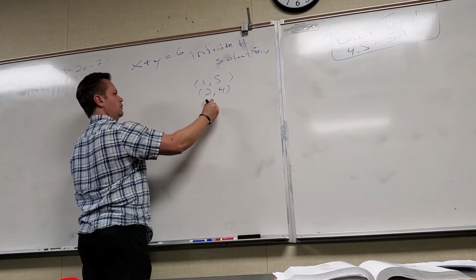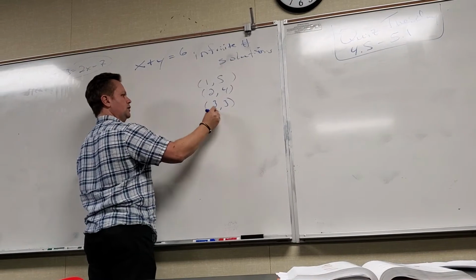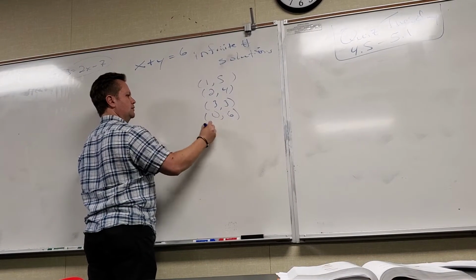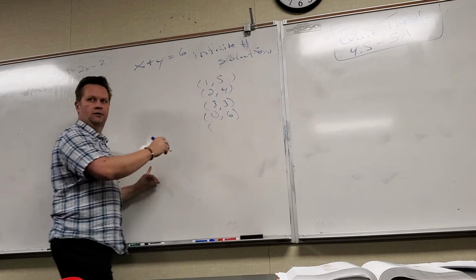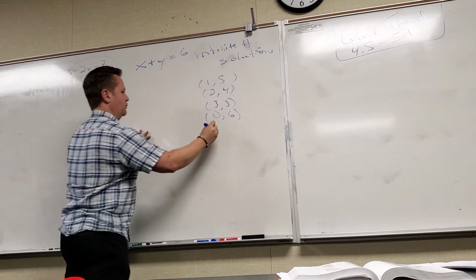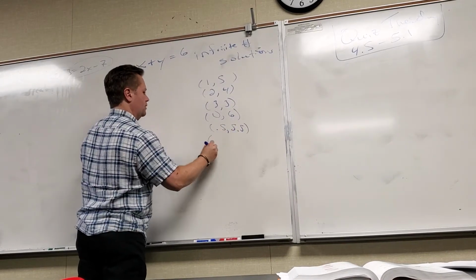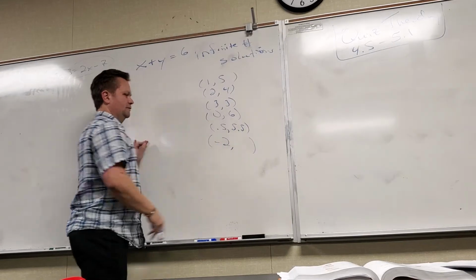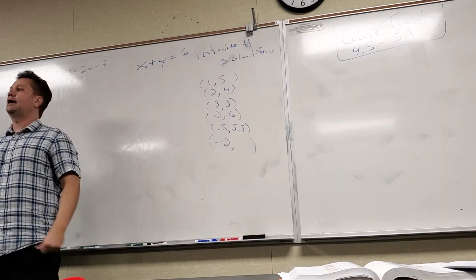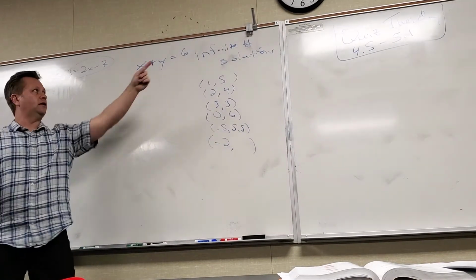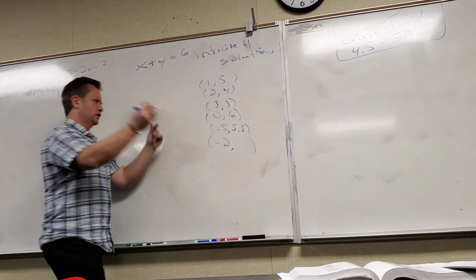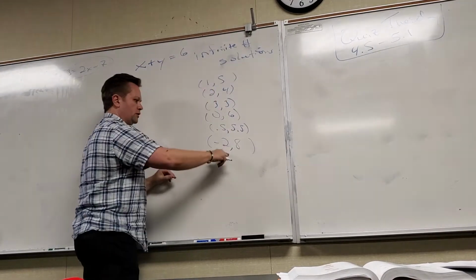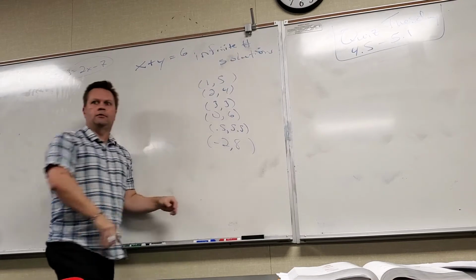What else? 3 and 3. 0 and 6. Give me 2 more. 0.5 and 5.5. What about -2 and what? You can do it. 8. Yeah. Right? -2 plus 8 is 6. And of course, like we said earlier, this would take an infinite amount of time to finish.